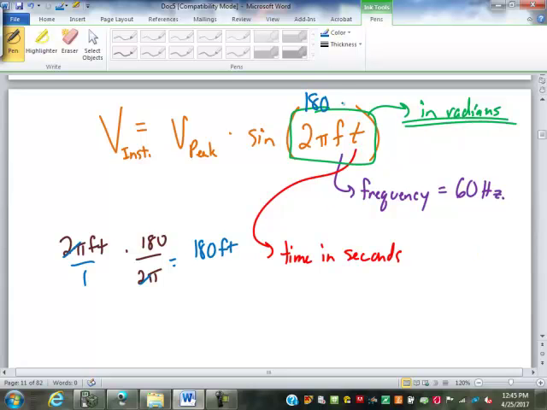Instead of 2 pi, it'd be 180. Sorry, not 180. This should be 360, shouldn't it? 360 equals 2 pi radians. So this would be 360 ft. No, 2 pi radians is a full circle. Pi over 2 radians is a quarter of a circle. Pi radians is half a circle.